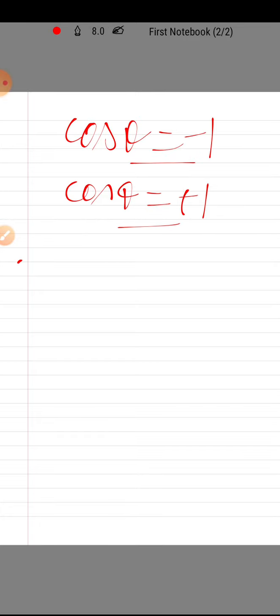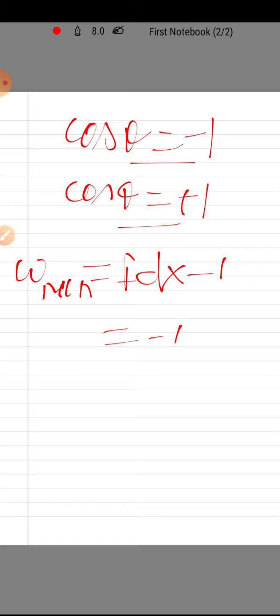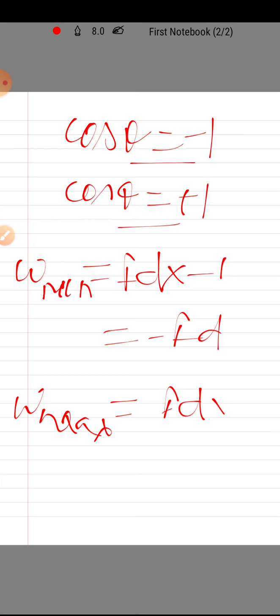Now if I wish to calculate minimum work, W minimum is equal to F into D, and cos theta is replaced by -1. So minimum work is equal to minus FD. If we talk about maximum work, W maximum is equal to F into D, and put the maximum value of cos theta, that is +1. So maximum work will be equal to FD.